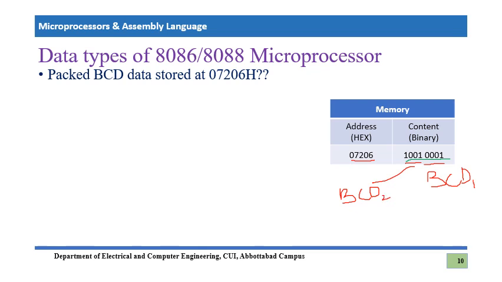So there are 2 BCD numbers stored here. One is 1001 BCD and the second one is 0001 BCD.